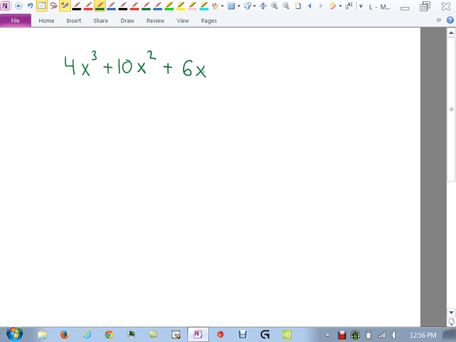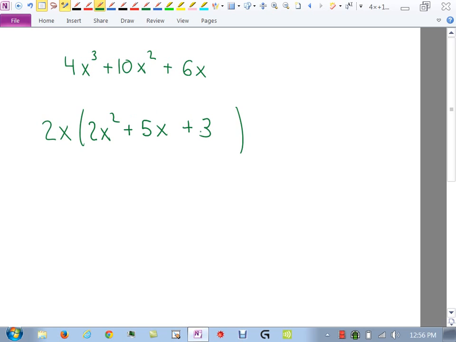GCF, right? There's a 2 that goes into all those, and there's an x in all of those. So 2x can be factored out. Enough space for 3 terms. What do we have? 2x squared plus 5x plus 3.